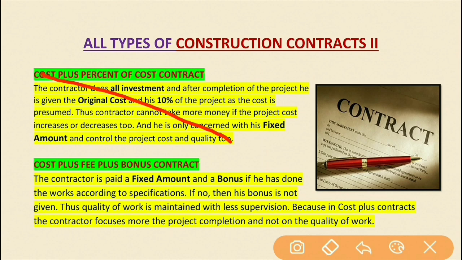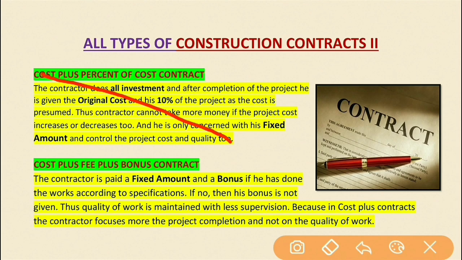Basically, in this type of contract the contractor does all the investment and is given his original amount and an additional bonus, but the condition is that the bonus is given only if he has done the work according to the specification and rules mentioned and agreed upon in the contract. If he has not, he will not be given any bonus.